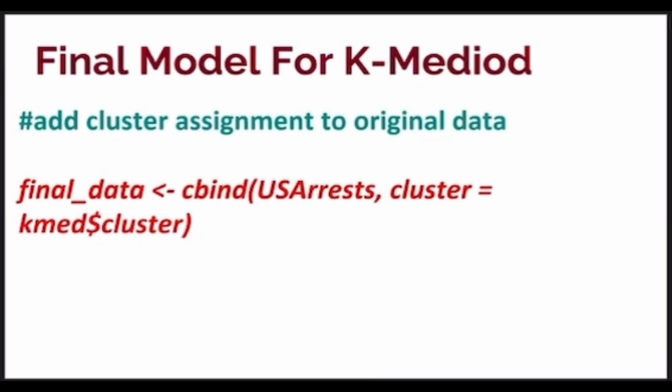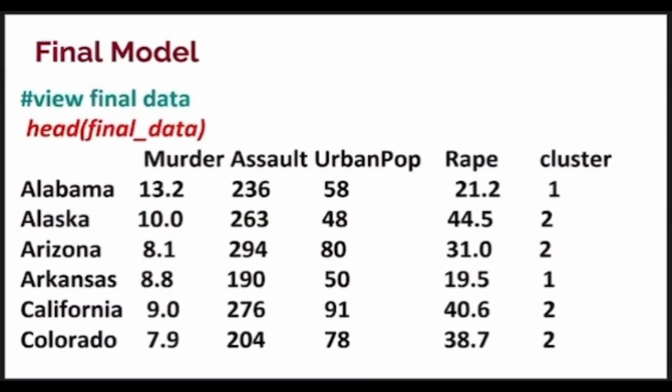Now I'm building my final model based on that 4, and this is what I have. This is just showing me the first 6. Please pay attention because interpretation matters. Let me interpret 13.2 in Alabama. It means the average number of murders in Alabama is 13.2 per 100,000.